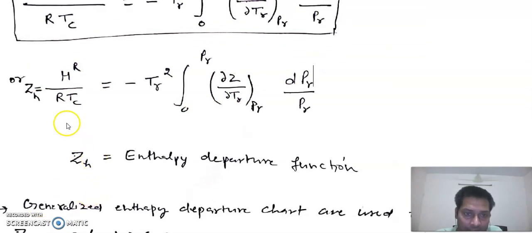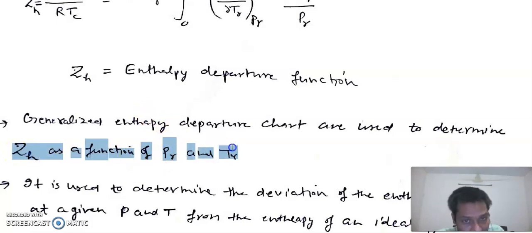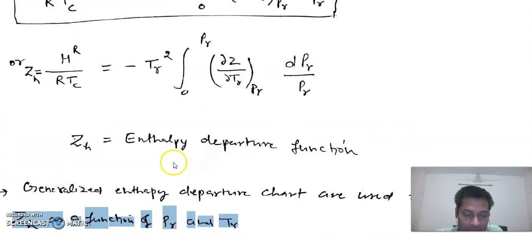This term is called ZH. ZH is the enthalpy departure function. So in this manner we can calculate the enthalpy departure function. This generalized enthalpy departure chart is used to determine ZH as a function of reduced pressure and reduced temperature.